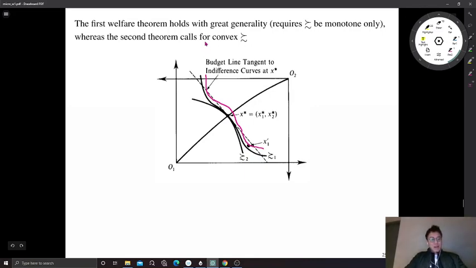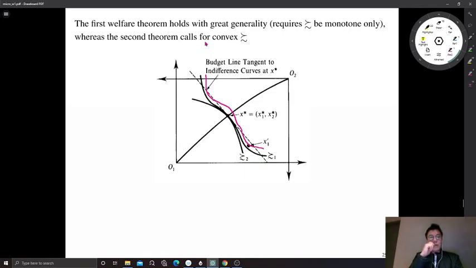So we didn't prove any theorems here. We are going to prove the first and second welfare theorems in a little more general environment. What I discussed in this video are just special examples of the first and second welfare theorems in a specific environment, the pure exchange economy model.